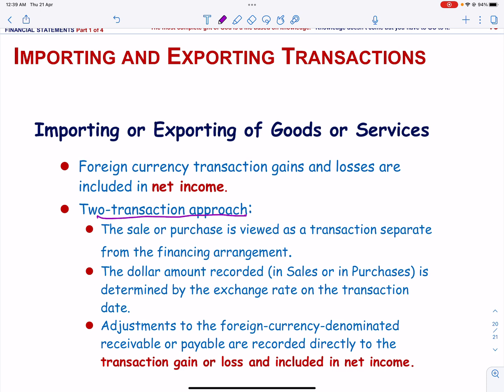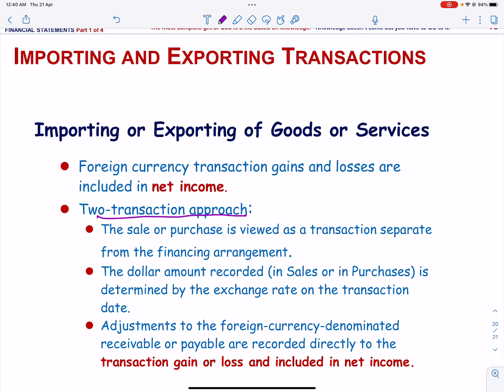Adjustment of the foreign currency denominated receivable or payable is recorded directly to the transaction gain or loss recorded in net income. So all in all, gains and losses from foreign currency transactions go into net income. A receivable might go up or down. A payable might go up or down. The offsetting entry is either a gain or a loss on the foreign currency, and the gain or loss is going to be recorded in net income.